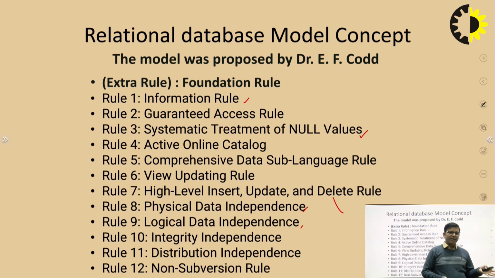Because if you created a database with 5 columns and now you have normalized it and there are now 2 or 3 tables, from the user's point of view it should not change. But what happens? As inexperienced people, we change the interface also. So we are not following all the rules.